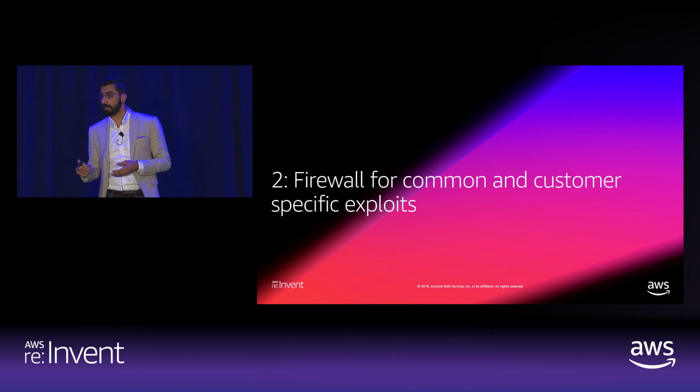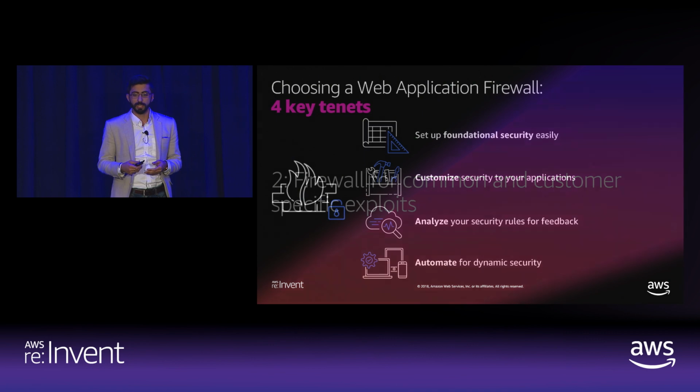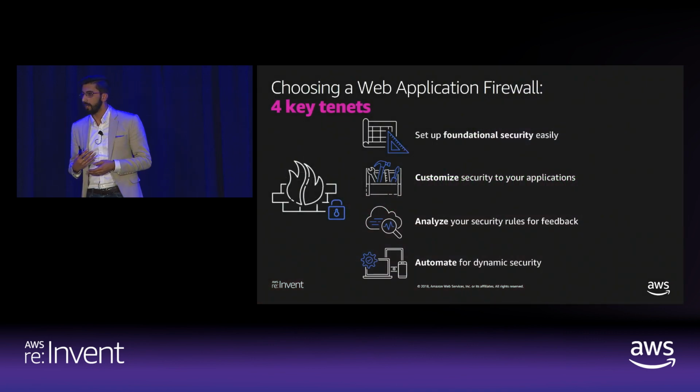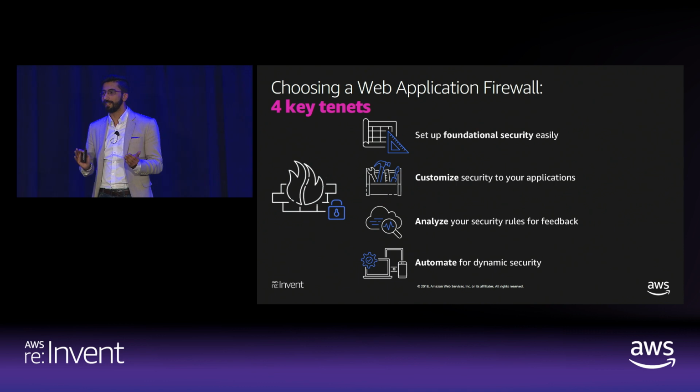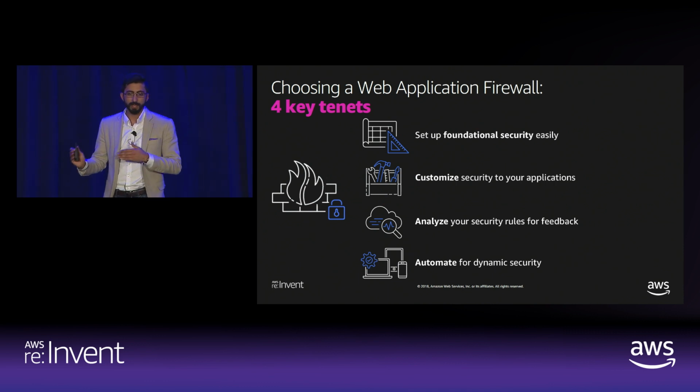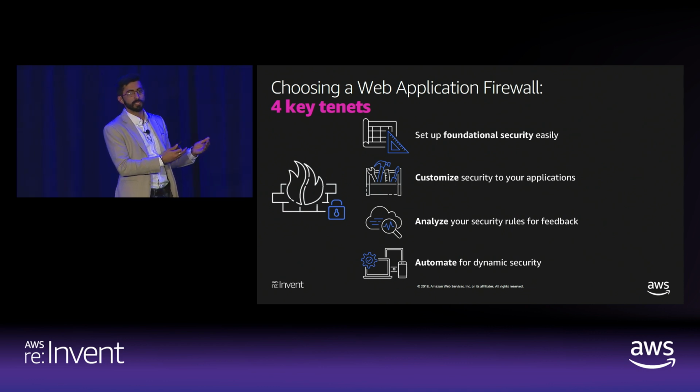So when you're thinking about choosing a web application firewall, there are a few key tenets that we talk about when you're thinking about a WAF. The first is it should be very easy to set up foundational security that takes care of common exploits, while also having a powerful rule engine that you can create custom rules that are specific to your application.